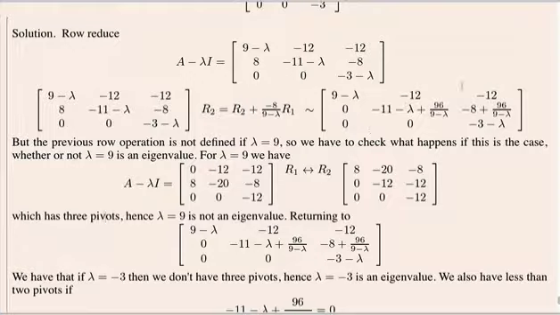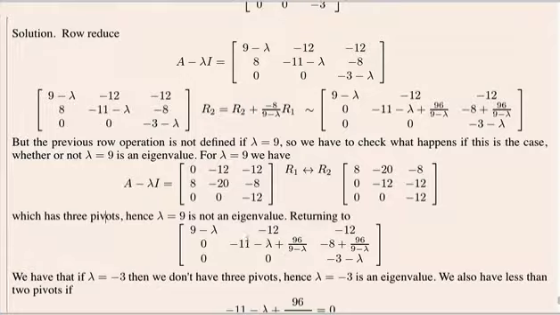So we can return to this matrix and check how it can have less than 3 pivots. If lambda equals minus 3, then we have minus 3 plus 3, that's 0. So that means that here we don't have a pivot.